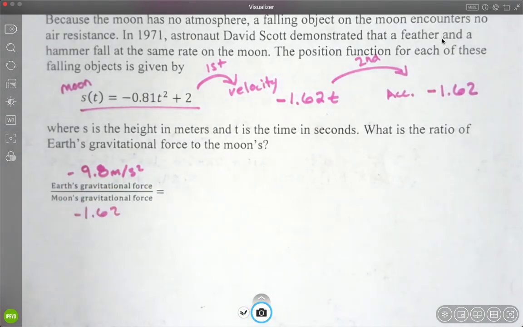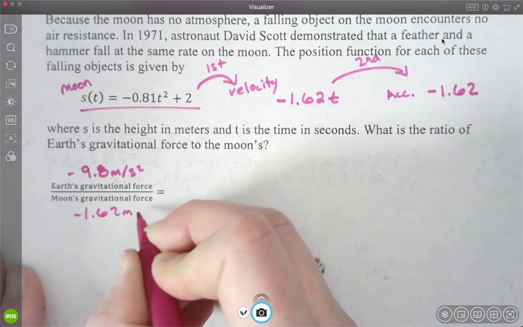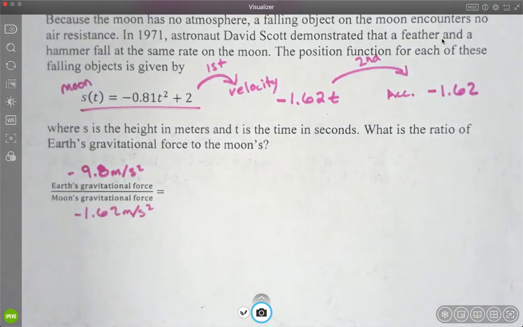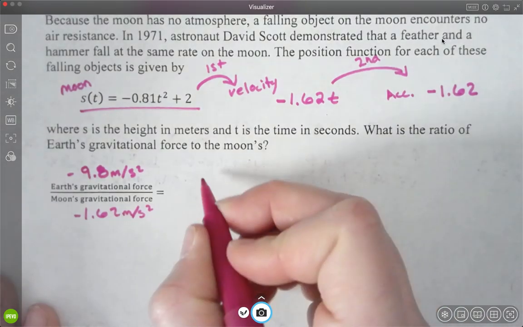Really, I should put a negative in front of the 9.8 because it's negative 9.8 meters per second squared. On the moon, it's negative 1.62 meters per second squared. So they want to know how many times our gravitational pull is than the moon's. I'm just going to divide those two. 9.8 divided by 1.62.